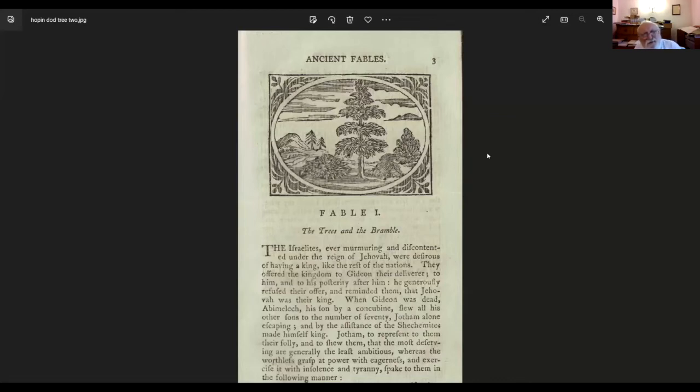This is number 6, where we have, in fact, an etched drawing at the head of letterpress text.